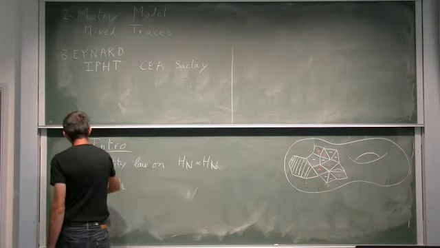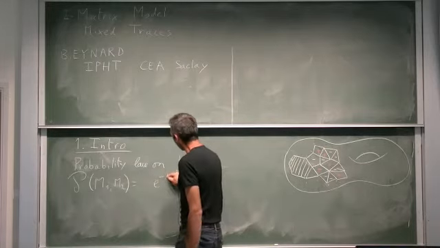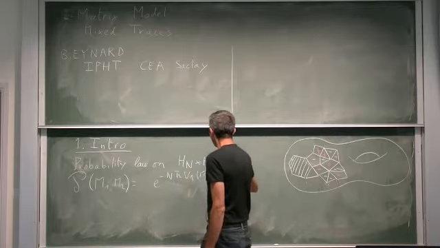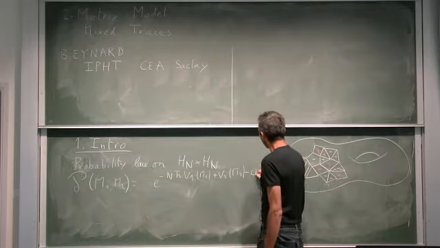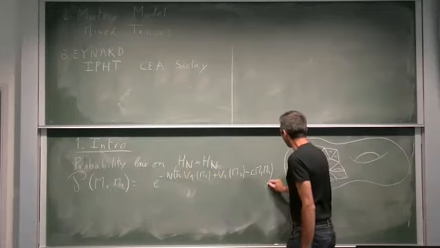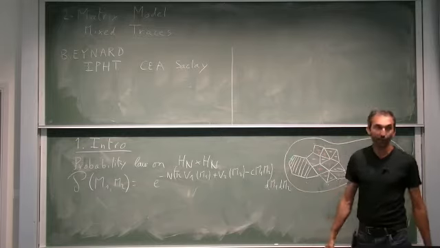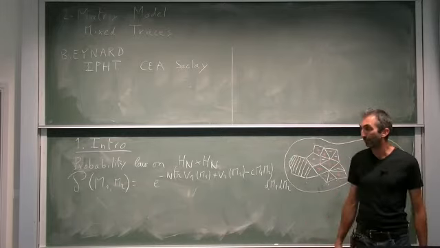And I will consider a probability law of that kind, which will be exponential of minus n trace of V1 of M1 plus V2 of M2 minus C M1 M2, times dM1 dM2, where the measures dM1 and dM2 are the Lebesgue measures on the set of Hermitian matrices.